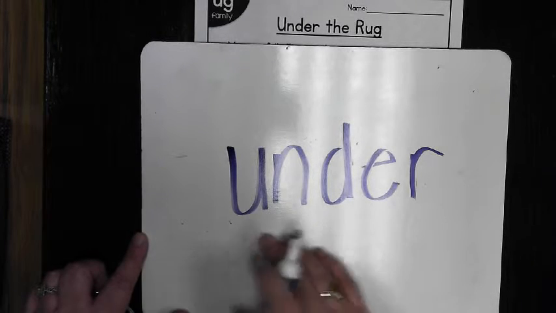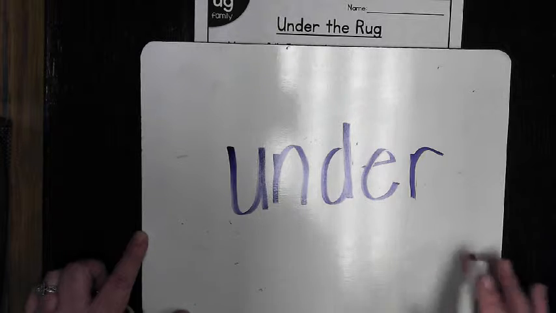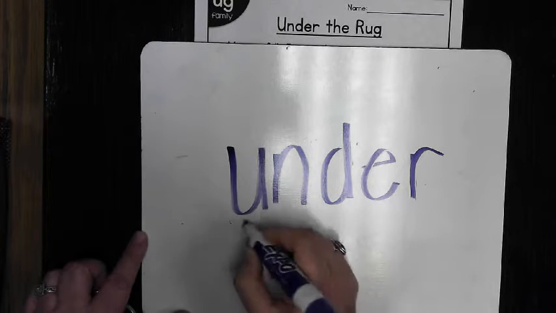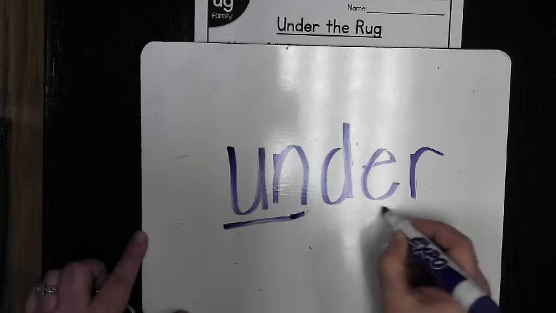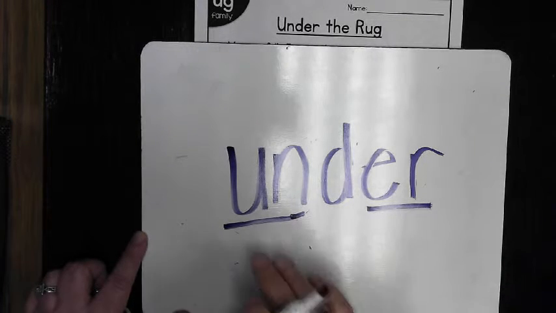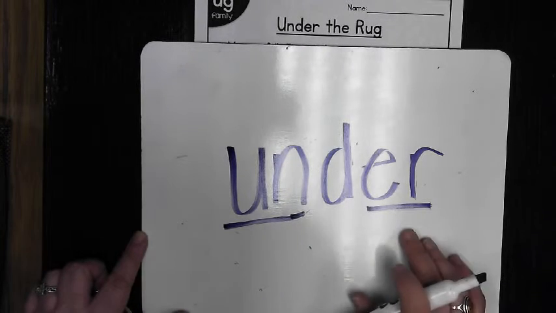In order to figure out this word, the easiest thing to do is to break it into parts. I have an UN together, and I have an ER together. A UN is always going to say un, and then an ER together is going to say er.